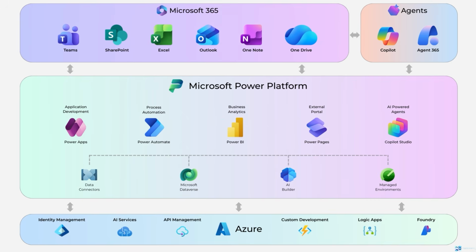So if you want people to log in and view the data that you store internally on an external basis, Power Pages is the place to go. Then we've got the AI-powered agent builder, which is Copilot Studio. This is Microsoft's answer to creating agents and copilots, which basically talk to all of your internal systems as well.